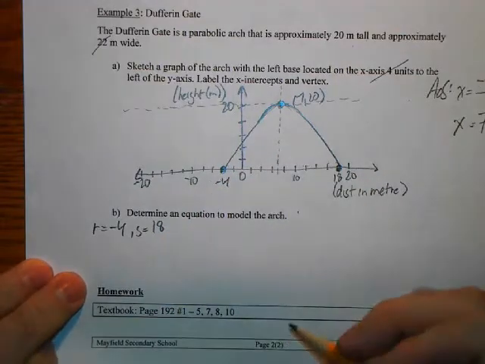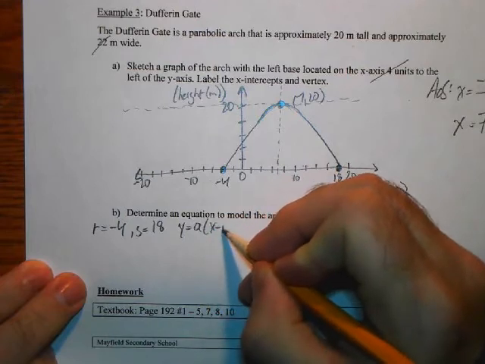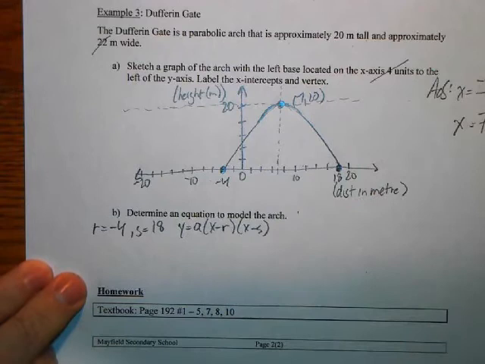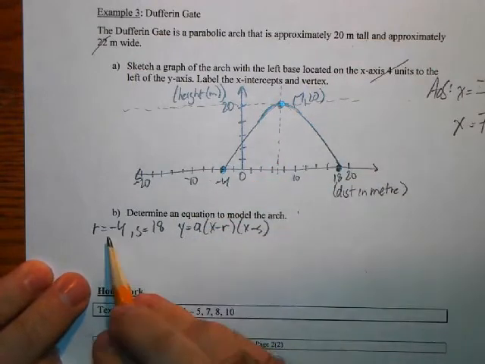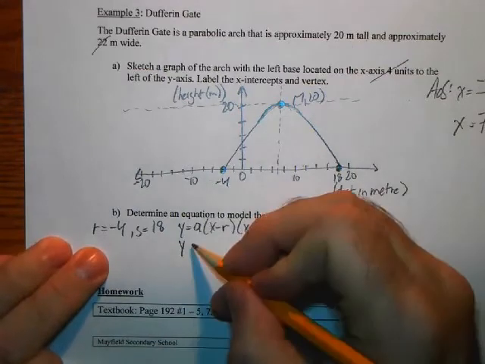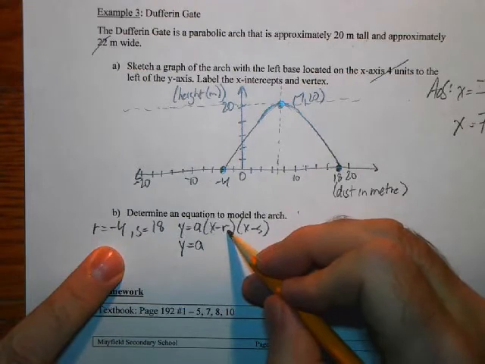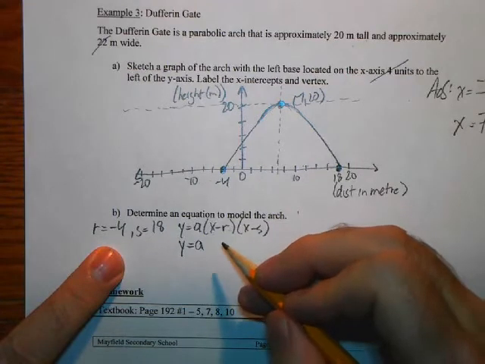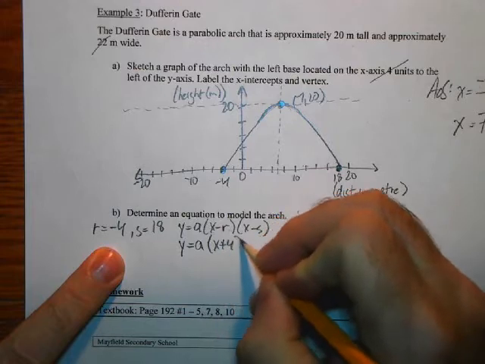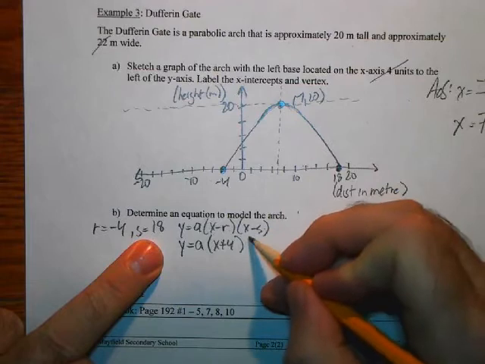So if I make an equation, remember it's y equals A times x minus R times x minus S. Okay, well I'm just going to plug in my values of R and S. So y equals A, and then that would be x minus -4. So x minus negative is x plus 4. And then x minus S, which is 18, x minus 18 will be there.